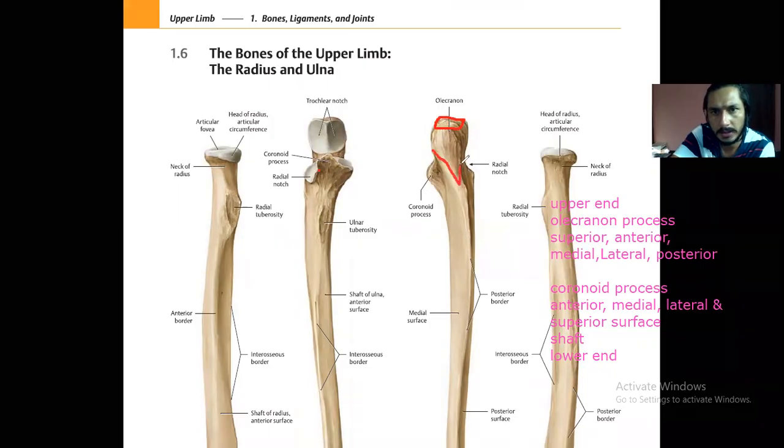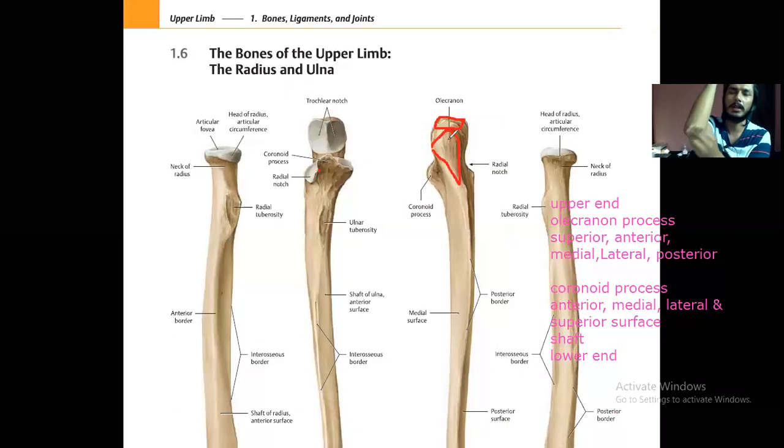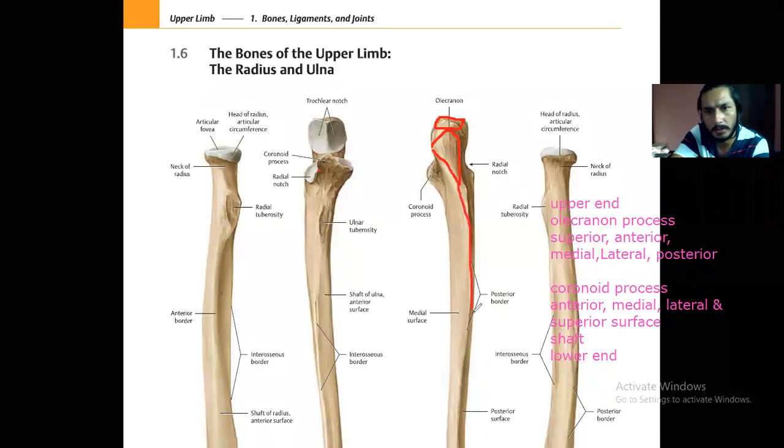It's triangular in shape. This posterior surface is a subcutaneous surface. You can feel this part here. Now see here, the apex of this posterior surface continues with the posterior border. So this is the posterior border of the shaft, that thing I was telling.